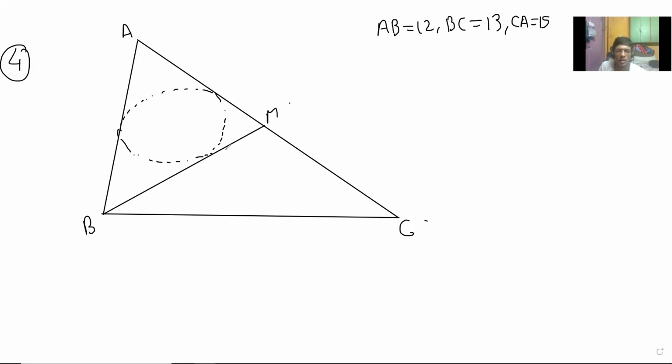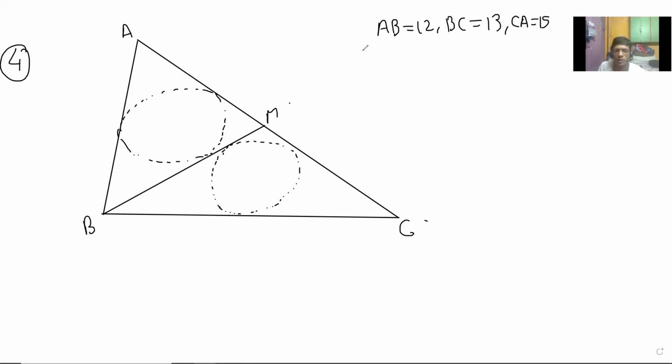And ideally, I should have first drawn the in circles. And just checking the question again, they are of equal radius or in circles. Okay, find AM by CM.